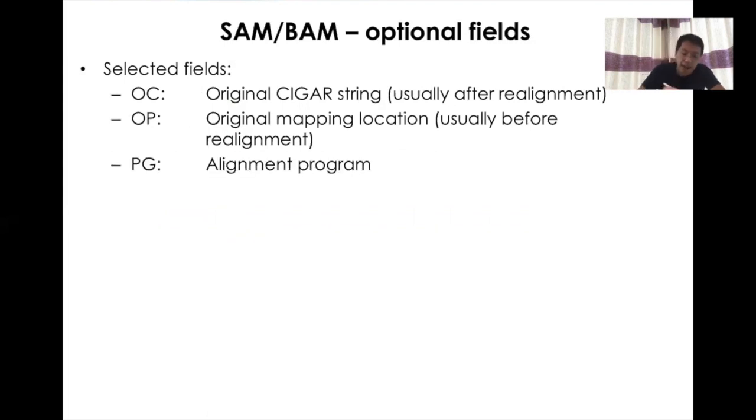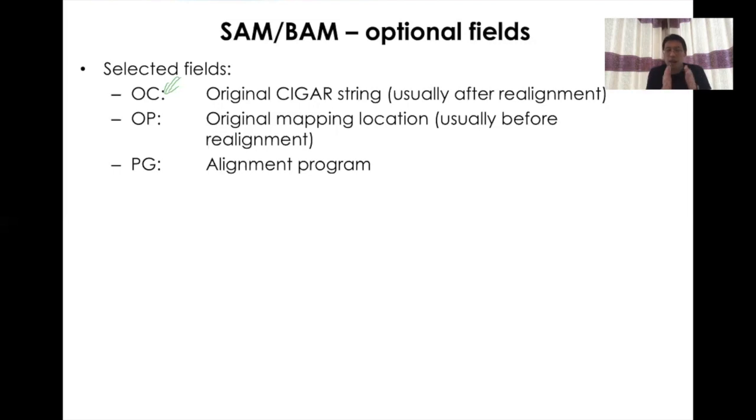Oh, by the way, this OC is super important, and this is the original CIGAR string. Why do we need this? Because when we do the sequence alignment, sometimes we will need to refine the alignment. So basically it's a two-level alignment.